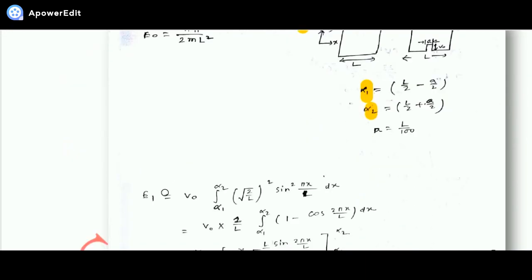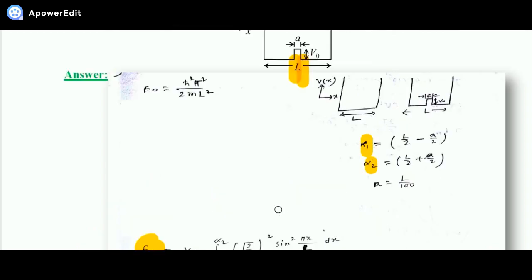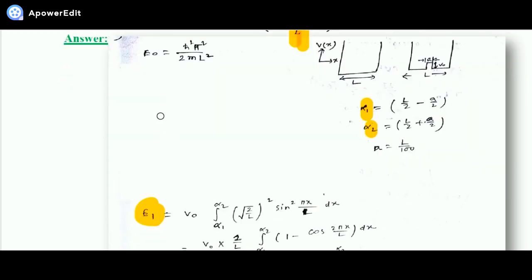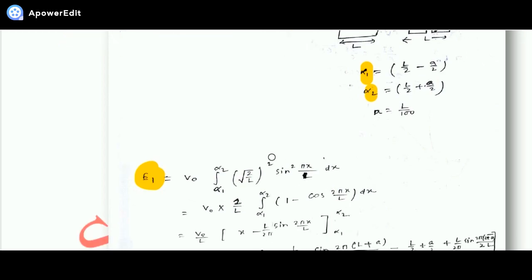So the first order correction in energy equals the integral of psi star V psi dx. Psi equals root over 2 by L times sin(pi x by L). So psi star psi means (root over 2 by L) whole squared times sin squared(pi x by L), and we put in the limits of x.